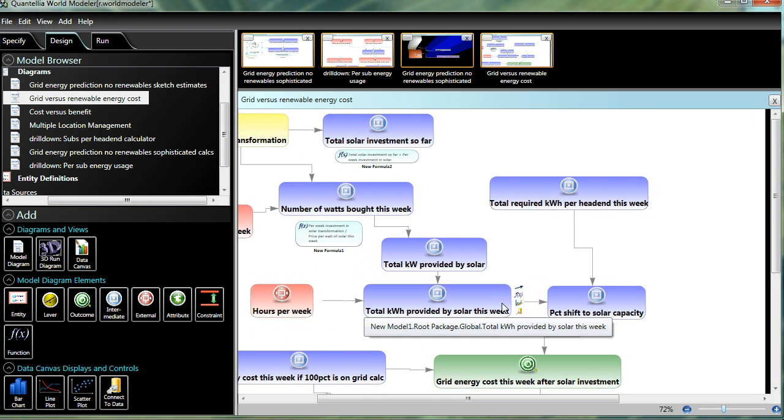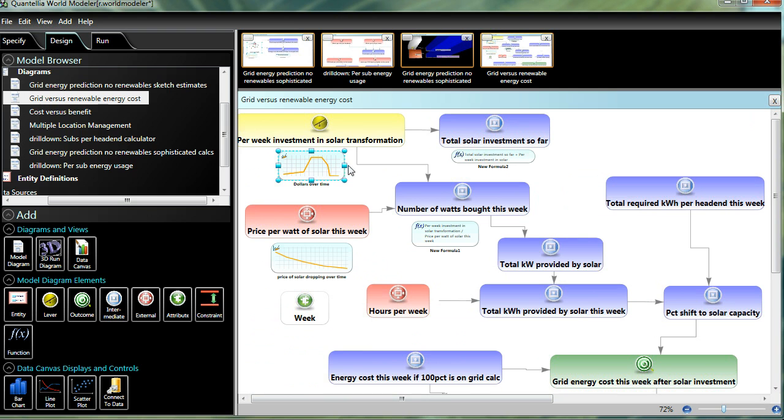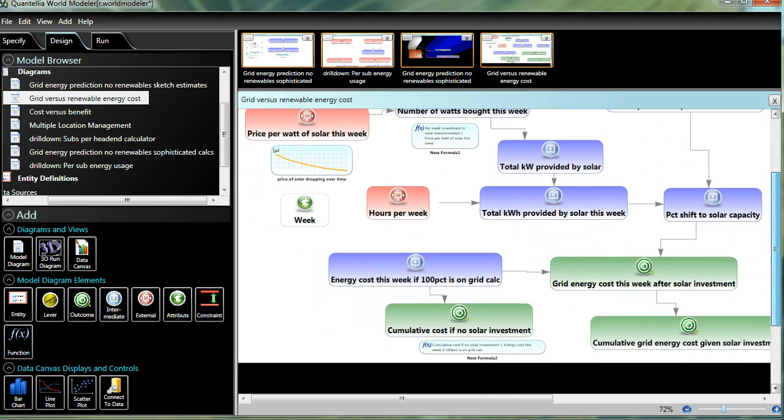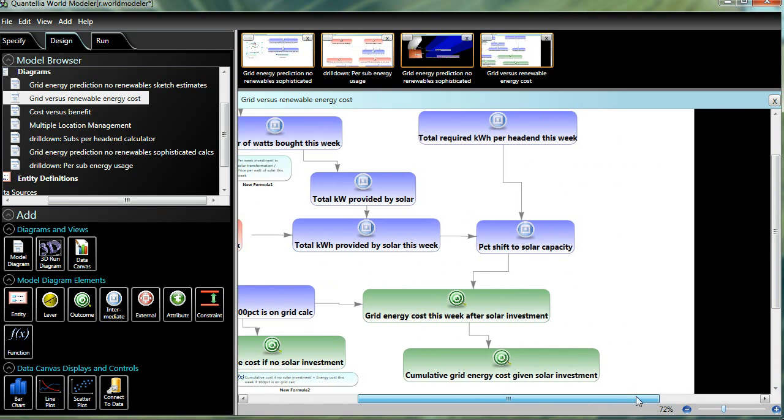So what we'll see in the simulation in a moment is that this percentage shift is going to increase gradually over time, and that's really based on all of these other factors on the left-hand side of the graph, which involve, how much are you spending on solar, and then how much does a watt cost, and how does that all add up to a capability of generating your own power. So really, the bottom line of this model is in these last few boxes in the lower right of this graph.